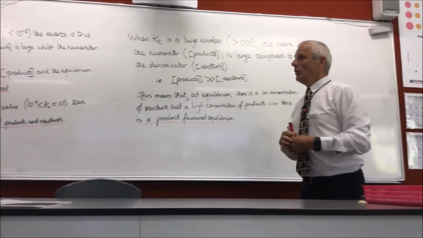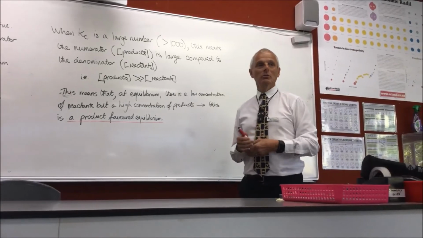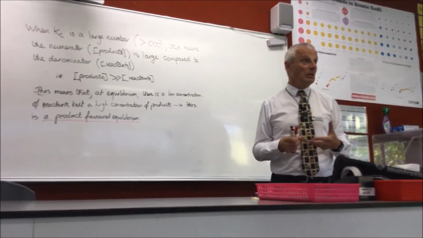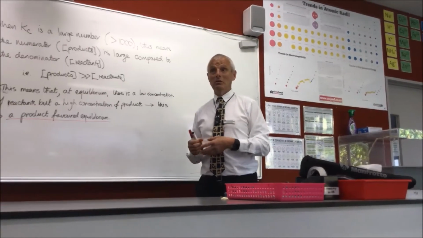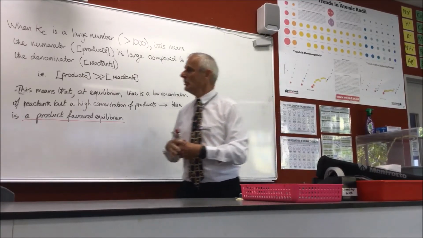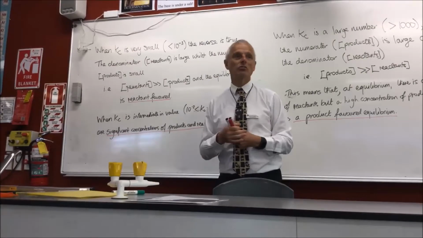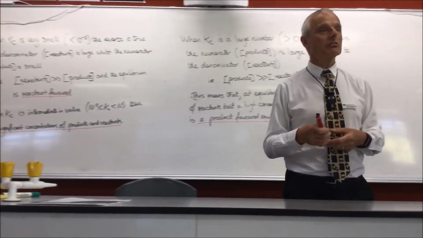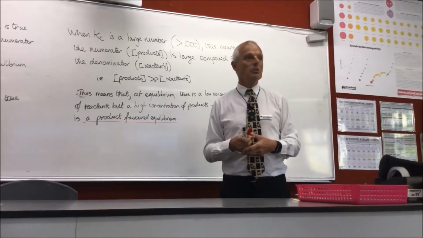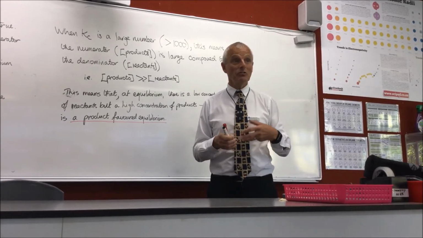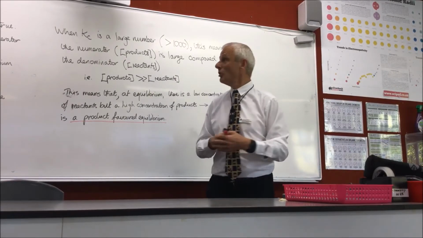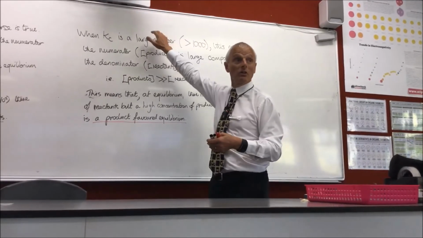But the idea is to give a general feel. Look to see whether you think that's a big number there. Is it a tiny number? Or is it somewhere around something like 100, and you're thinking, well, you've got slightly higher concentration of products relative to the reactants, but you can have significant concentrations of reactants there because you're not out of reach with a very large number.